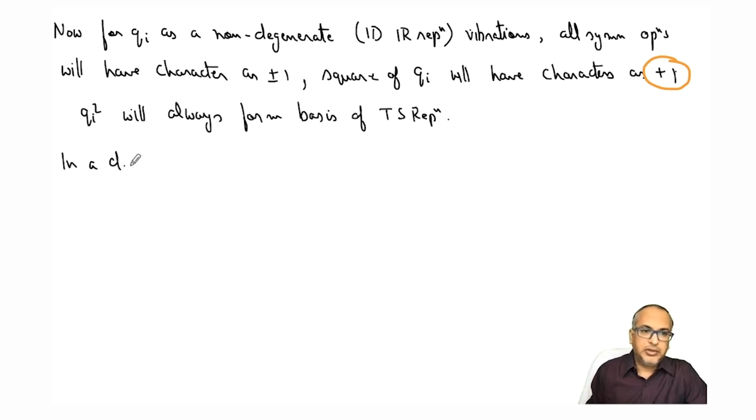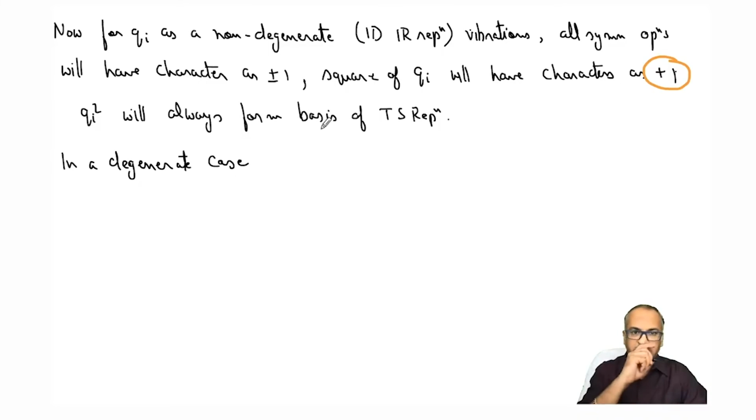In a degenerate case, we will also discuss examples, so do not worry if you're not able to follow it. We'll see examples and then it will be very clear.